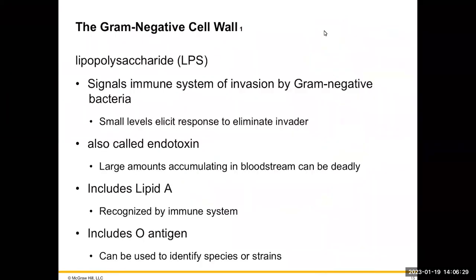Lipopolysaccharides are also called LPS, and they're also called endotoxins. If gram-negative bacteria are broken apart when they die, they release this endotoxin, or LPS, and it goes into the bloodstream.